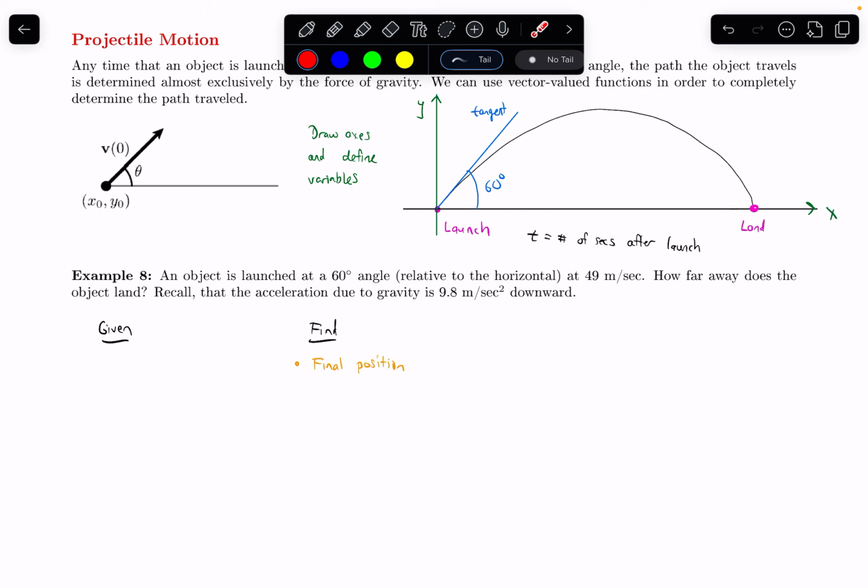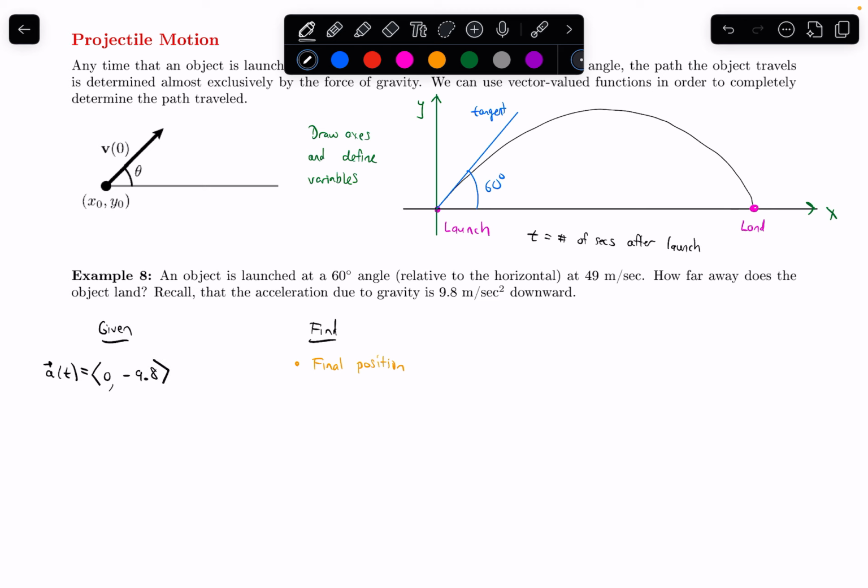So what is it that we're given? Well, it tells me the acceleration due to gravity. I can represent that with the acceleration vector, using my brackets notation. That acceleration is purely downwards, so there's no x component. That's going to be 0. And then the y component is negative 9.8 because it's downwards.